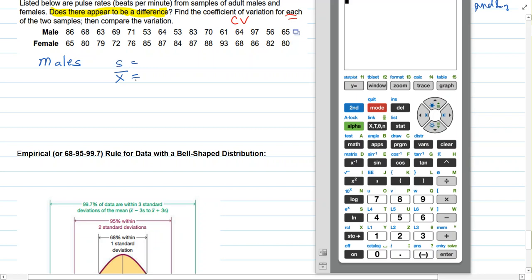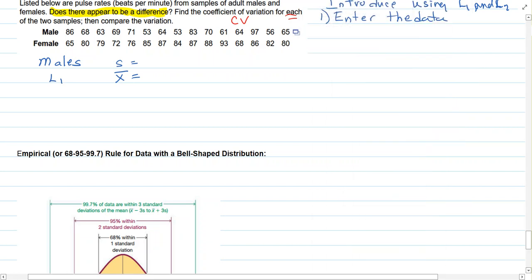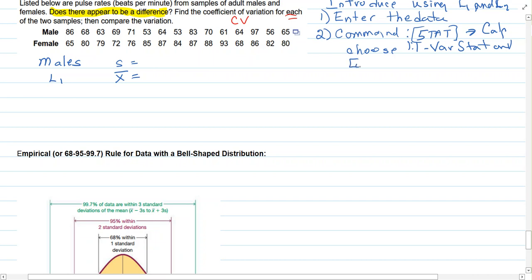All right, here we go. So this one was on line 1. So what we're going to do is press stat, arrow over to calc. Now we're going to choose one variable stat, and enter, enter.